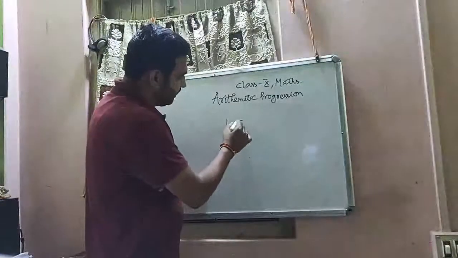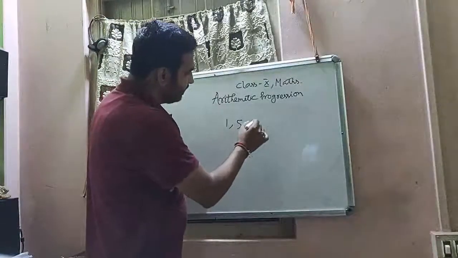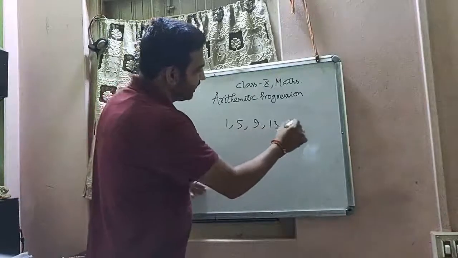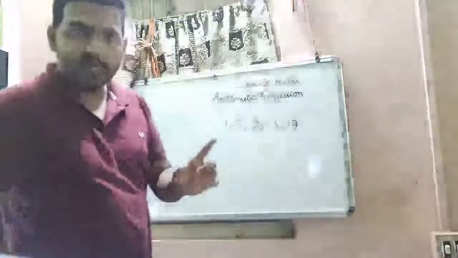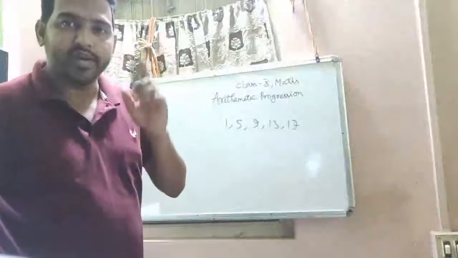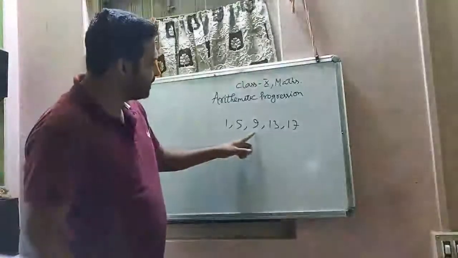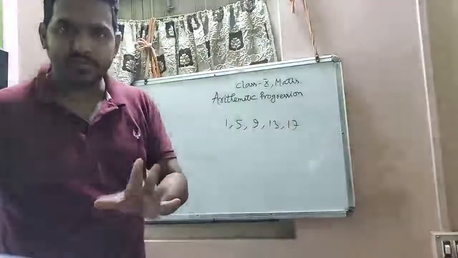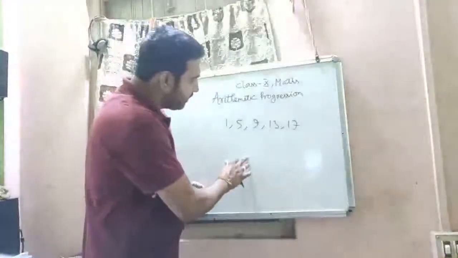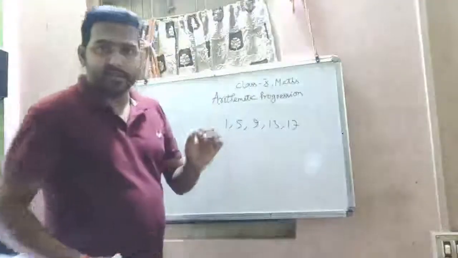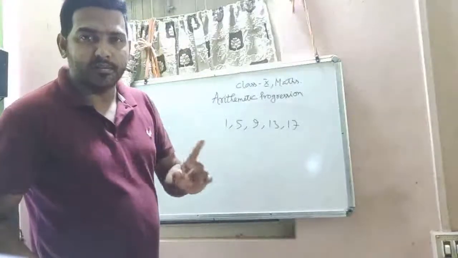1, 5, 9, 13, 17. Suppose this is a series of numbers where the numbers are in AP, because the difference is 4 in all cases. So here we have to take some symbols representing some numbers.